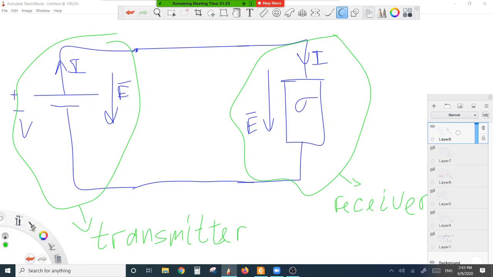If we look at this scheme, we may note that the current densities in the resistor and in the battery are in the same direction.